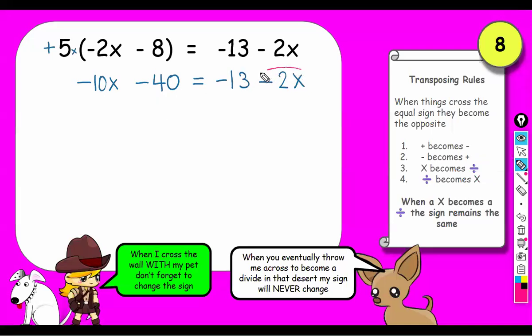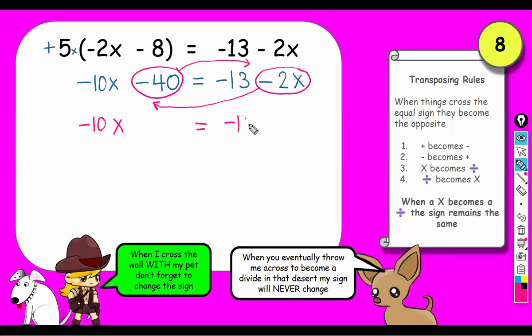This minus 2x is definitely a pet and a human. And this minus 40 is a zombie. Both of them are on the wrong side. The zombie belongs on this side, and the pet and the human belongs on the other side. Right? So this minus 10x and this minus 13, they were already on the correct sides of the equal sign at the beginning of the question.